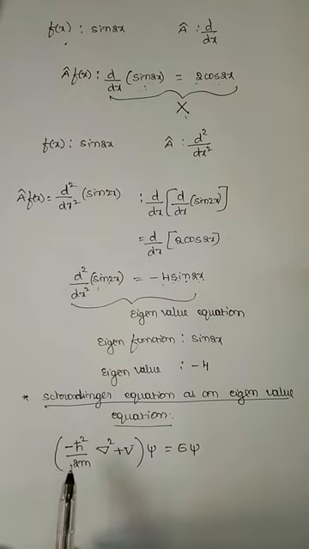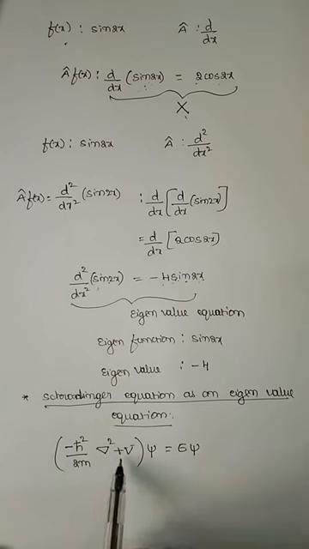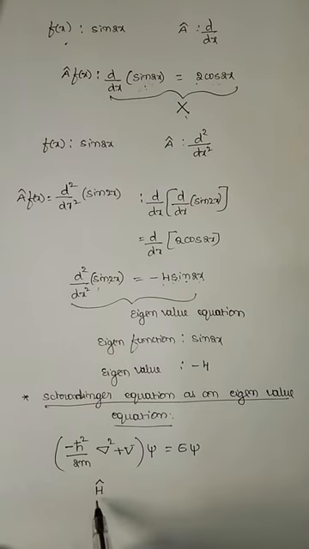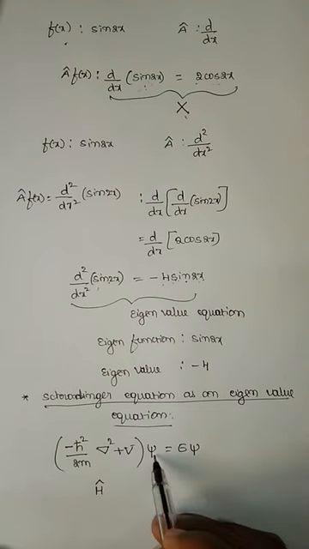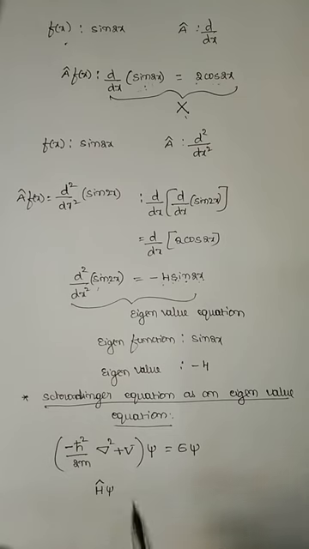And we know that in the previous video we said minus h cross square by 2m into del square plus V is actually written as H cap, which is an operator acting on a function psi, and that gives E psi. Now you can observe carefully, H cap psi is equal to E psi. Here the function is psi and the operator is H cap.